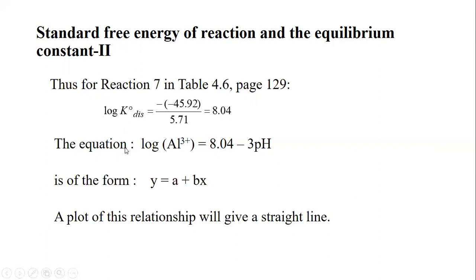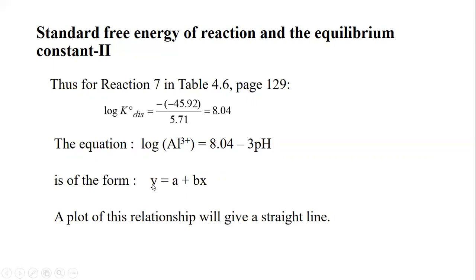So go back to the equation that we already derived: log of aluminum 3 plus activity equals 8.04 minus 3 pH. So this is of the form Y equals A plus bx. The pH is changing, the concentration of aluminum is changing, and this is a constant.